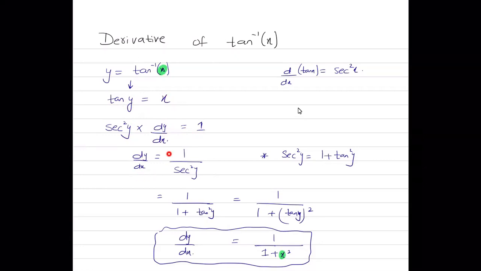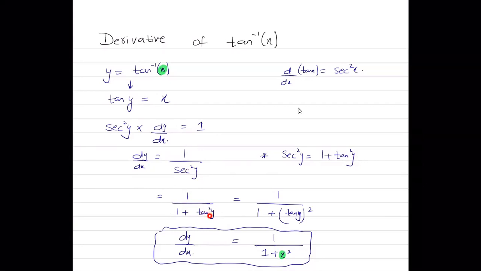So dy by dx comes out to be 1 upon secant square y. Now we replace secant square y with the identity 1 plus tan square y, and dy by dx is now going to be 1 upon 1 plus tan square y.